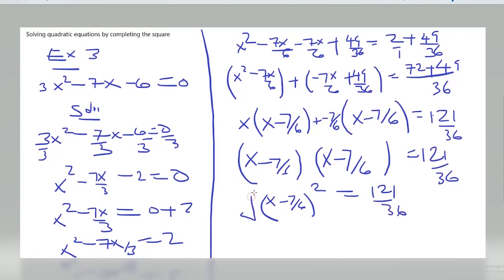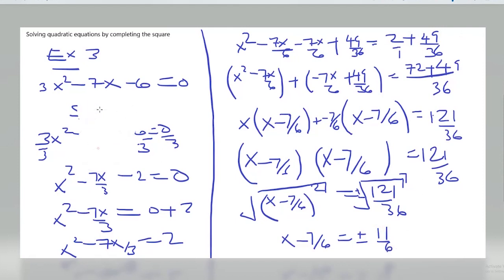Then I add the square root sign, plus or minus. This will be x minus 7 over 6 is equal to plus or minus the square root of 121, which is 11, over the square root of 36, which is 6.